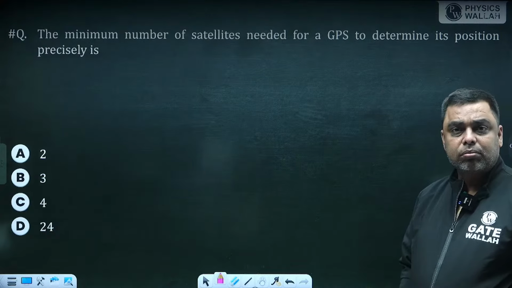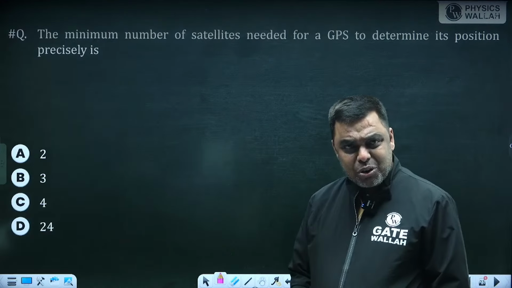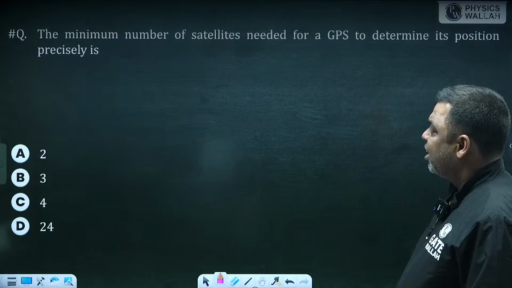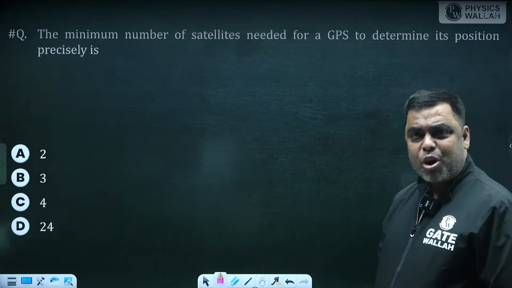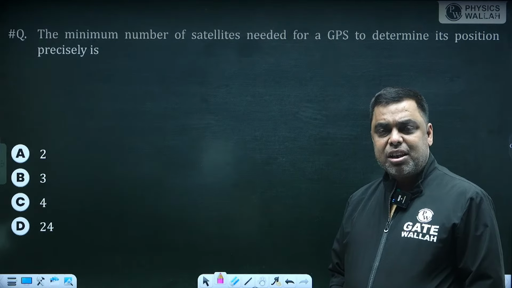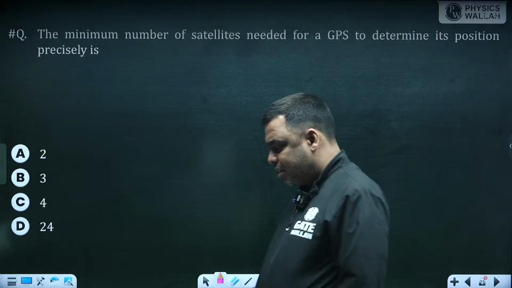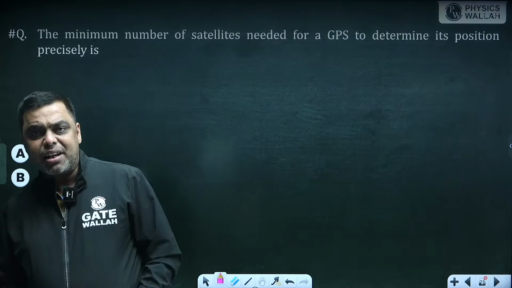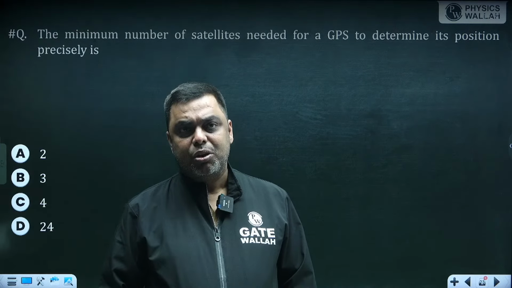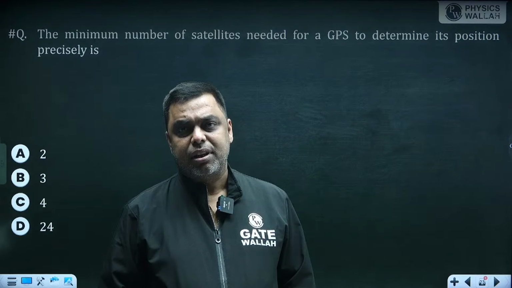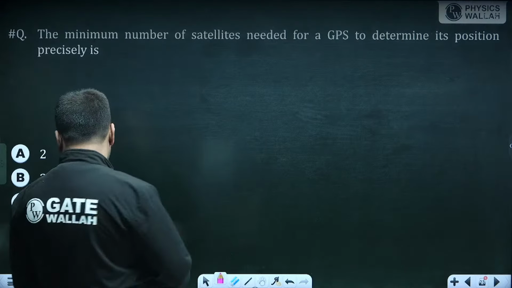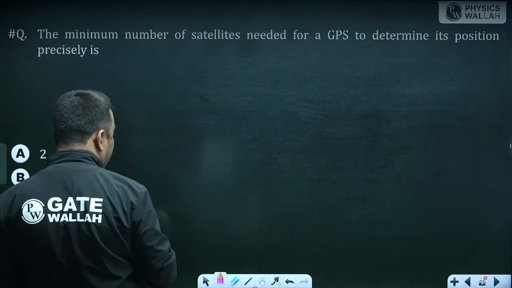24? I'm not asking total number of satellites in the GPS constellation. I'm asking the minimum number of satellites required to determine the position of a point. That is 4, not 24.